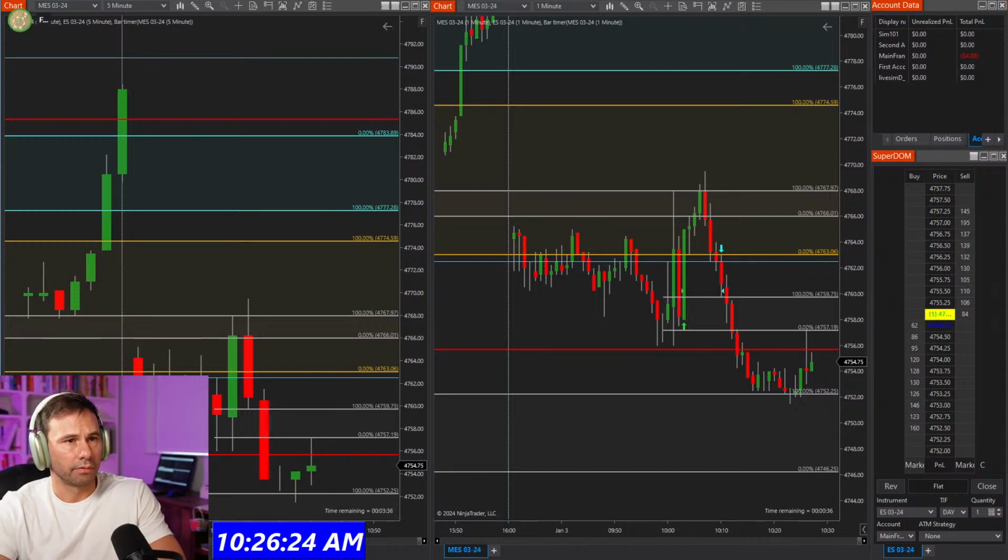So let me get rid of this. So the supply here is working partially, but no follow through. Yeah, I think this is a good area to buy again. 54. Just need tick to hold the 0. Advanced decline is good.